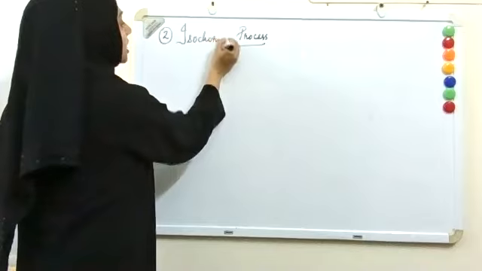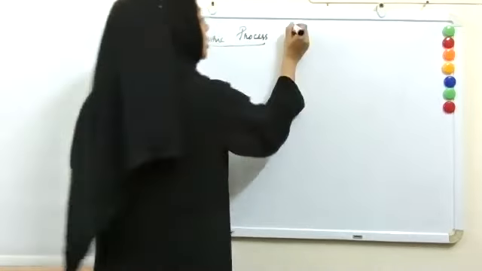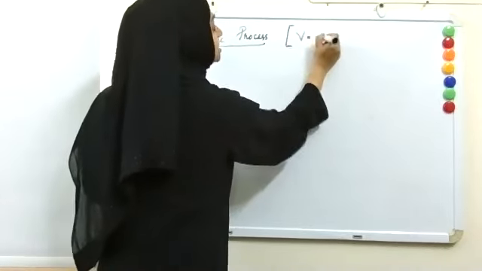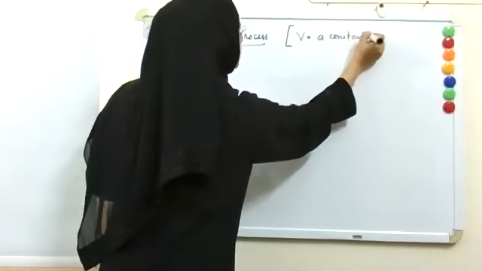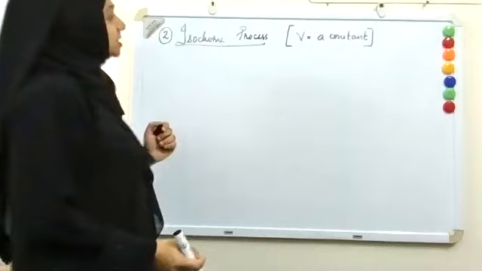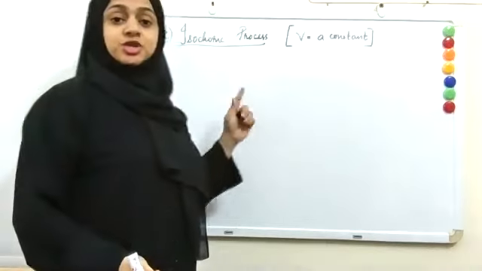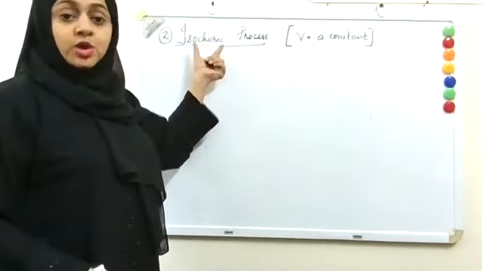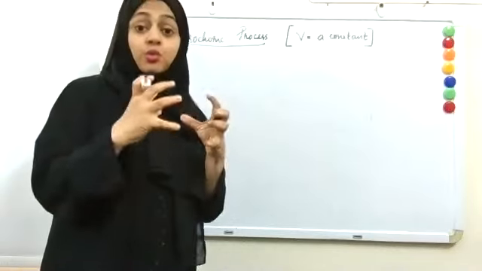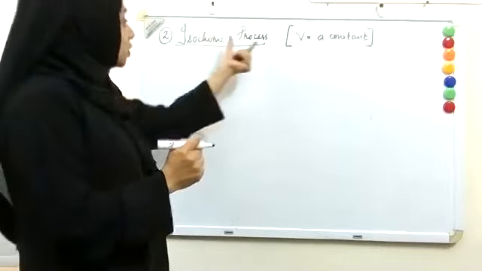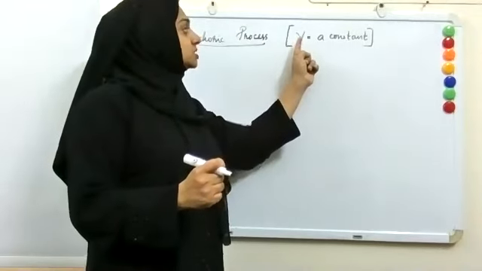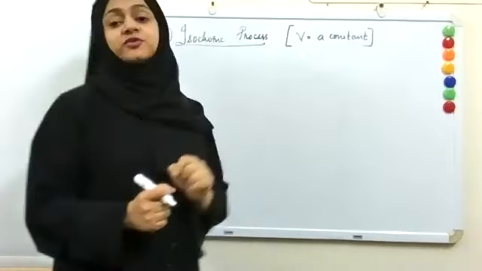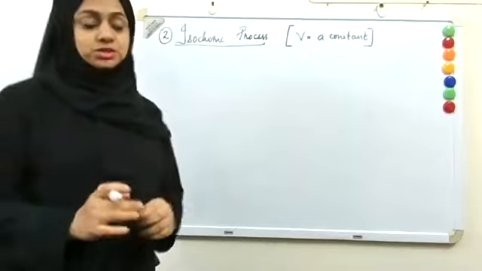So in an isochoric process, the volume remains constant, which means the other two, pressure and temperature, can change. Choric means volume. So an isochoric process is a thermodynamic process in which the volume of the system remains constant.